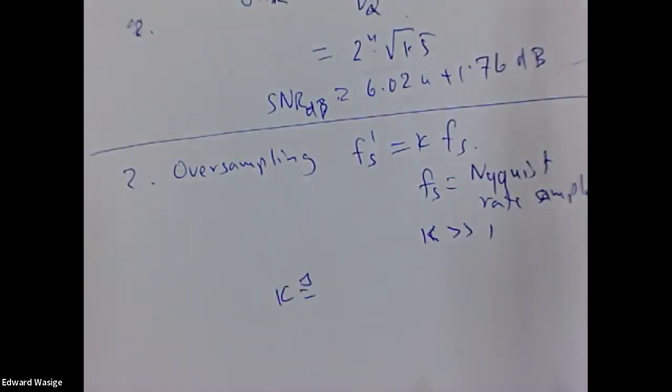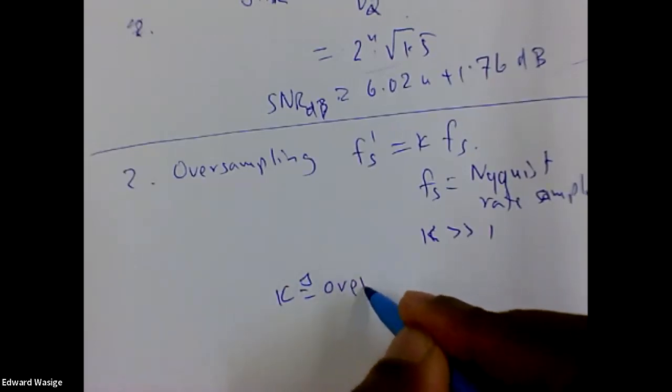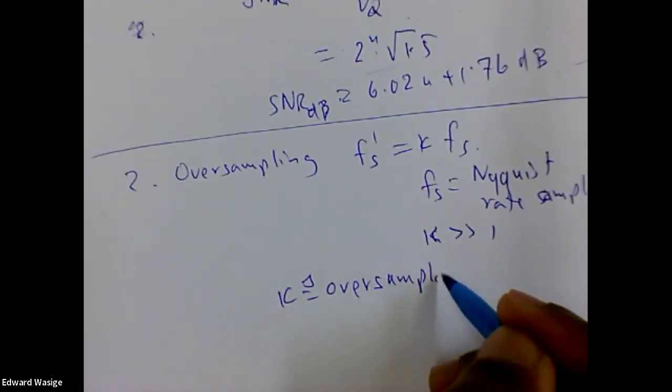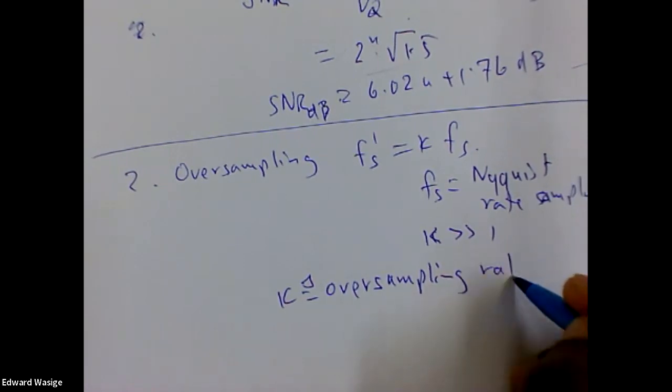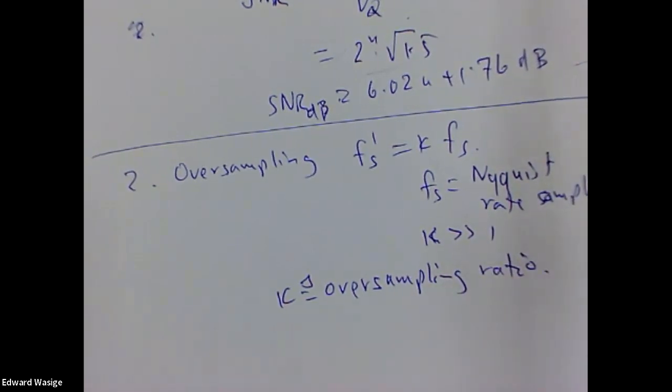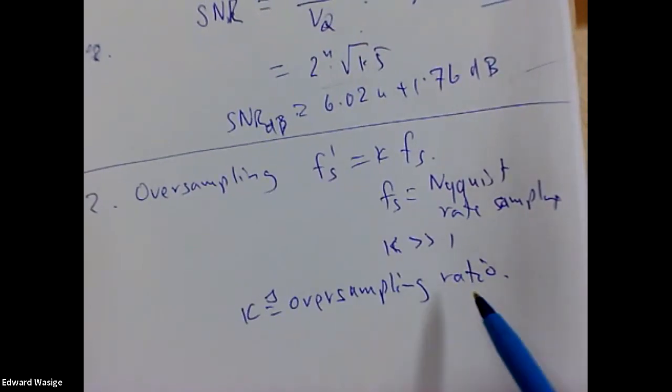K, I don't think we gave this a name. It's also called the oversampling ratio. If you check textbooks, that would be called the oversampling ratio. By how many times are you sampling beyond what you need to recover the signal?